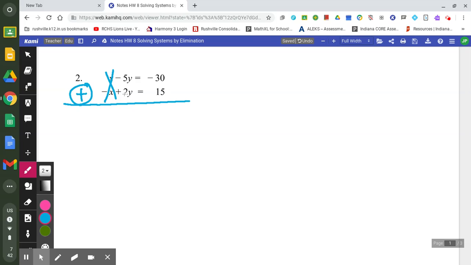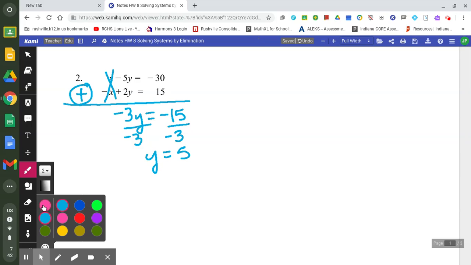Negative 5y plus 2y gives me negative 3y equals negative 30 plus 15 is negative 15. Divide both sides by negative 3. Y equals a positive 5.